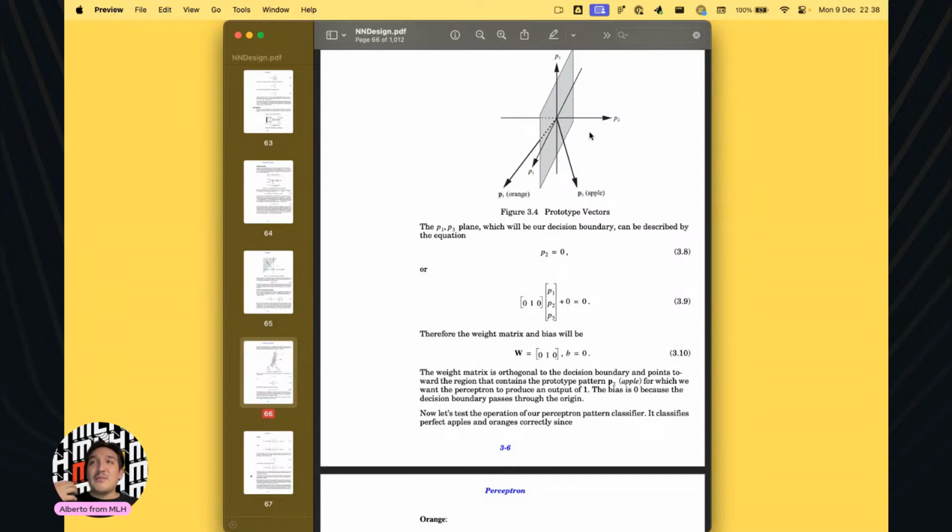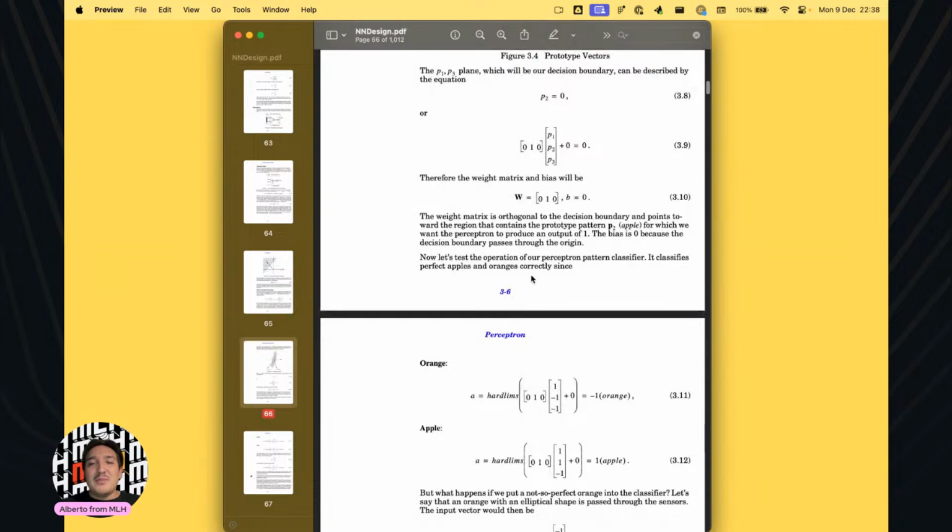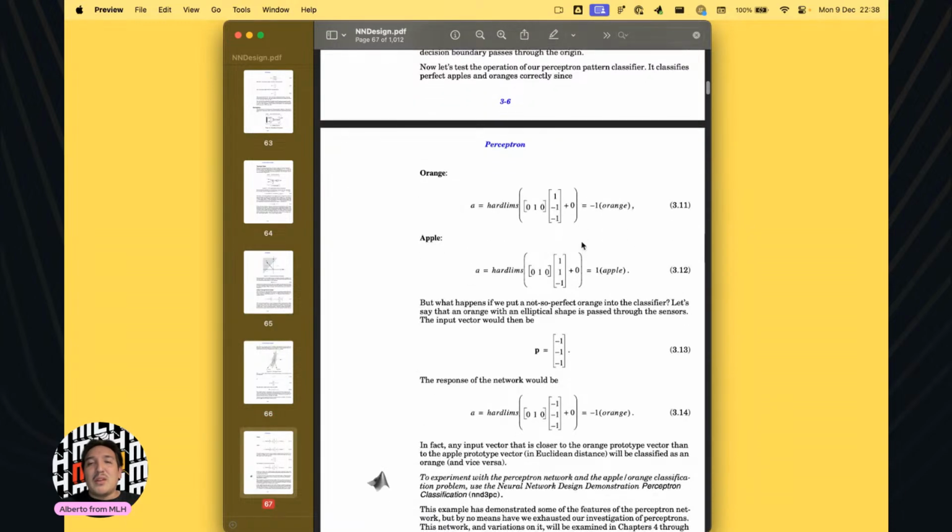But it's not like in the Hamming network. Here we're not feeding the network with the prototypes. We just design it to get the values of the weight and the bias, but the network itself doesn't know the prototype vectors. So it's a good idea to test with these prototype vectors to see what the output is.